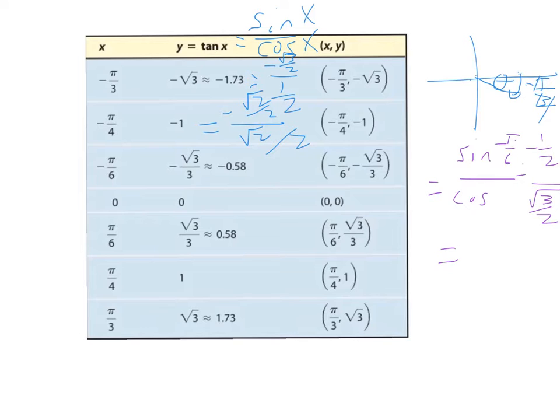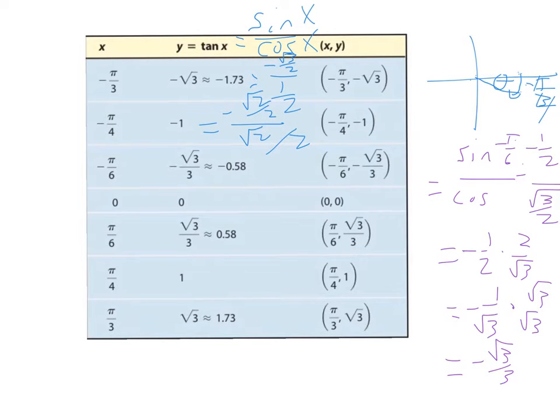So if you do keep, flip, change, that'd be negative 1/2 times 2 over square root of 3, which would be negative 1 over square root of 3, multiplied by square root of 3 over square root of 3. That's how you get negative square root of 3 over 3, which is approximately negative 0.58. So if you notice, that's kind of how we get these.